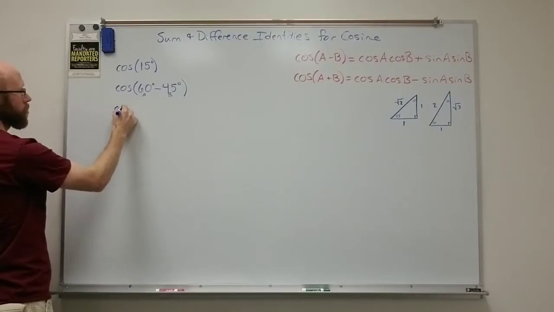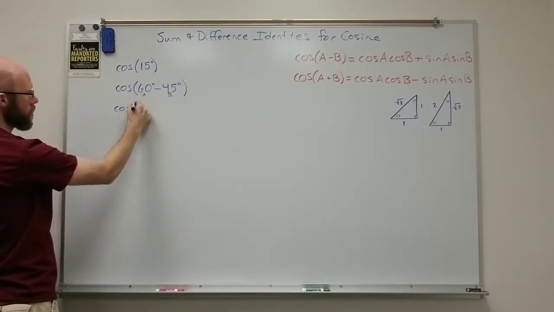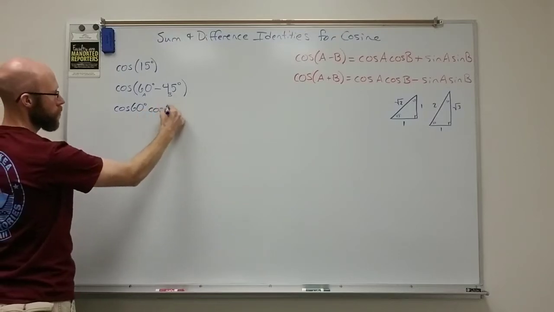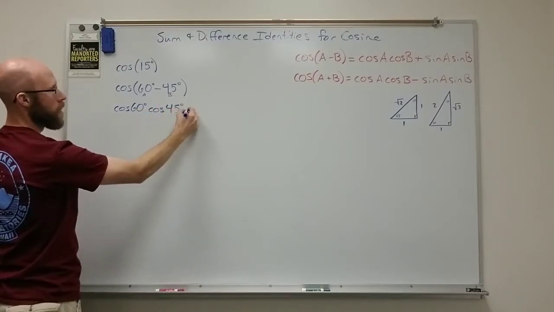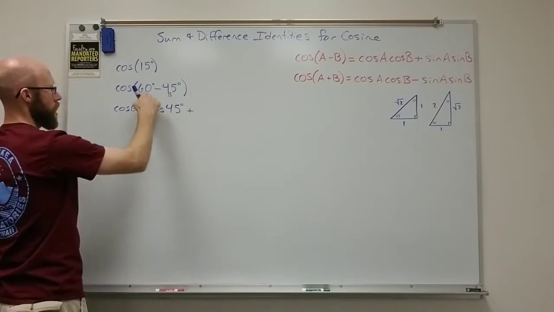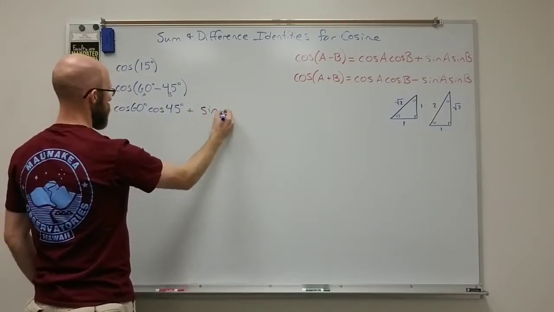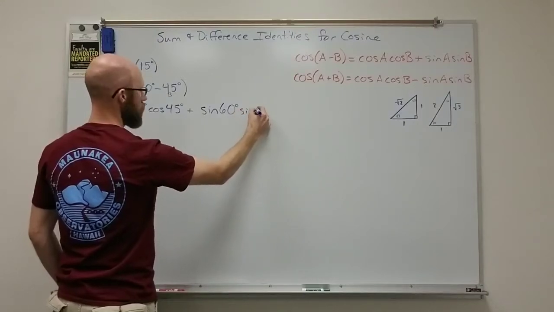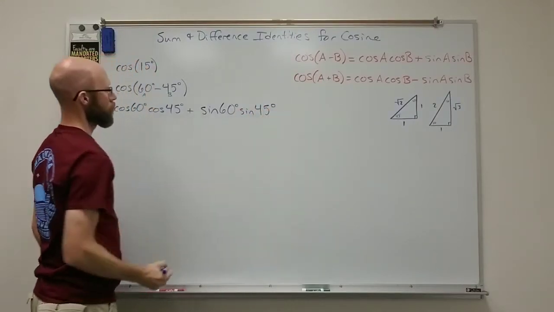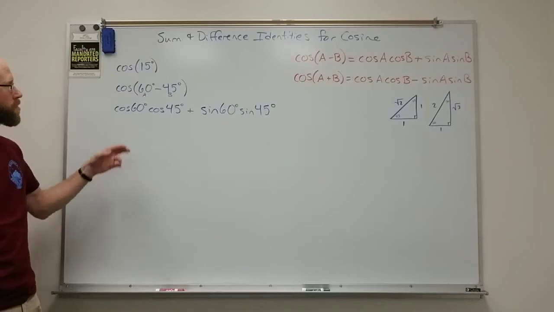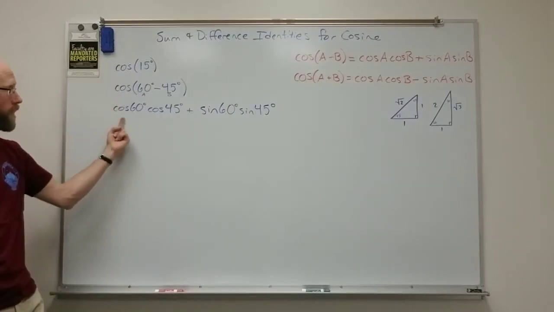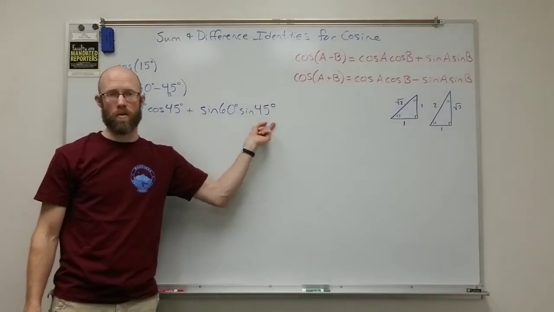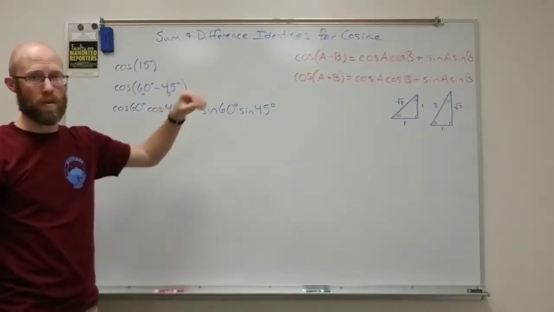So we would have the cosine of A, which is 60, times the cosine of B, which is 45, plus the sine of A, which is 60, times the sine of B, which is 45. So this cosine of 15 is equivalent to this expanded form with the 60s and the 45s, using that formula.